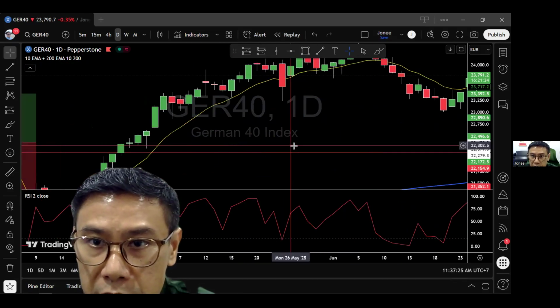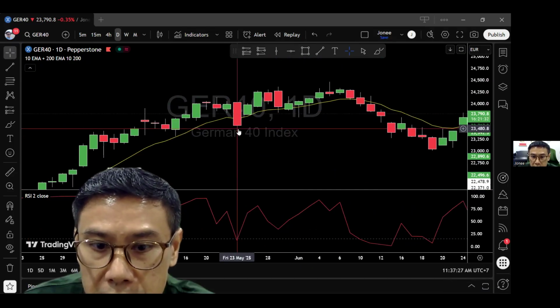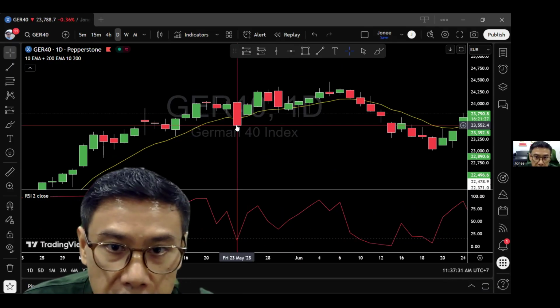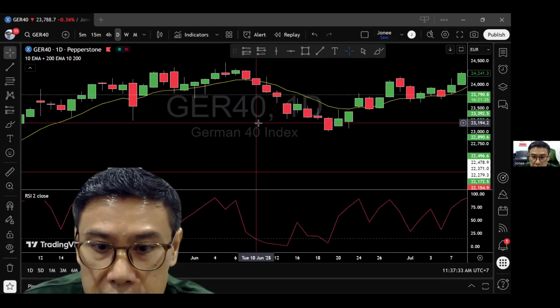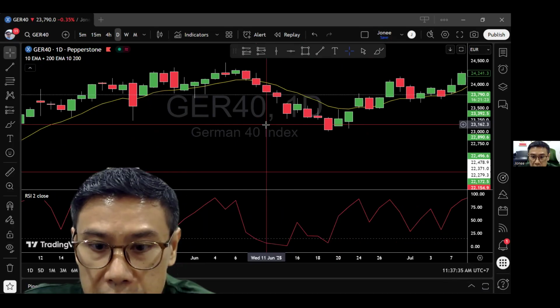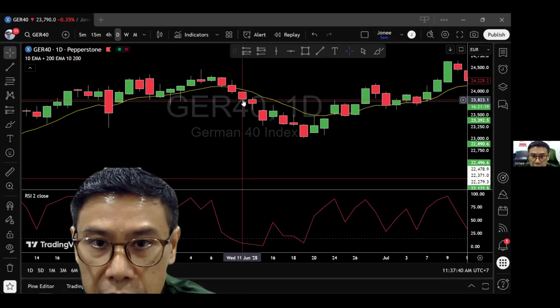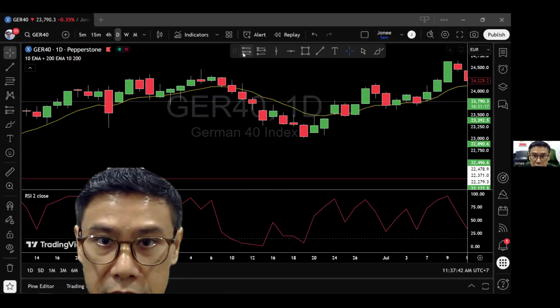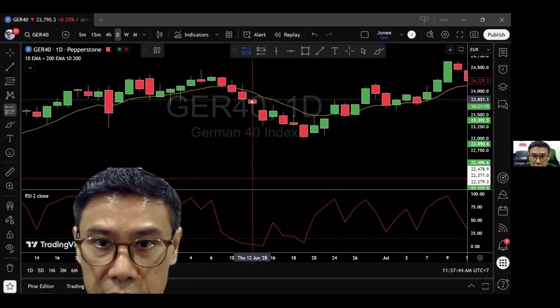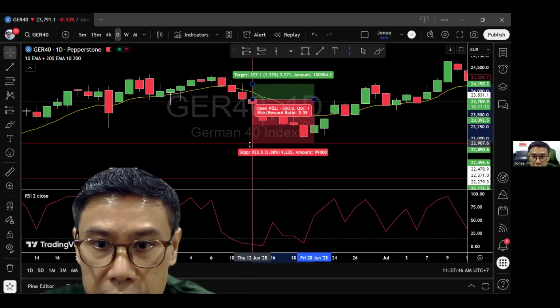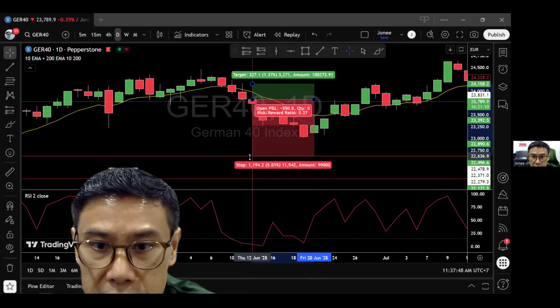We got a close here, but not majority of the body is below 10 EMA. So let's take a look at this one. Here, majority of the candle is already below the 10 EMA, and RSI2 is below 15. We take a trade at the next candle right here. Take 5% stop loss.